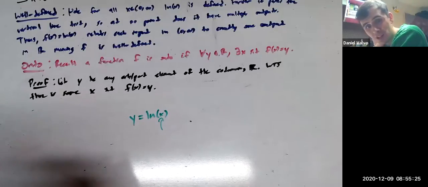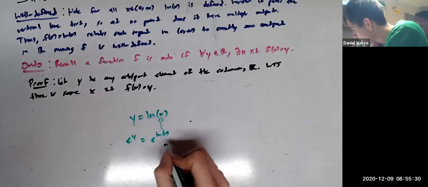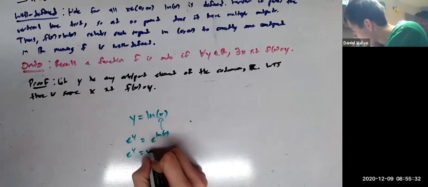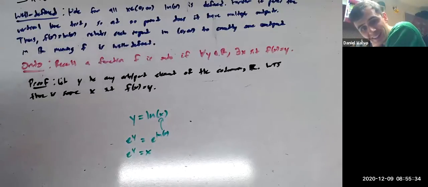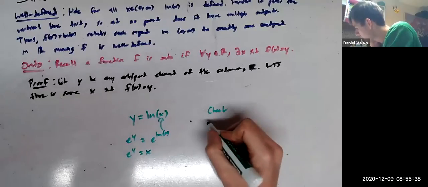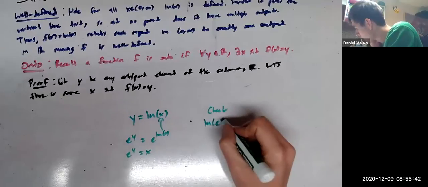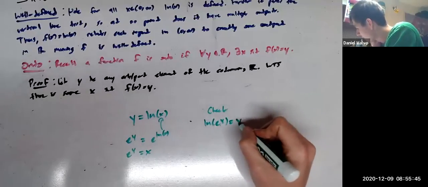We can solve for x by raising e to both sides, and we get that e to the y must equal x. And we can check this: ln of x equals ln of e to the y, which does in fact equal y.